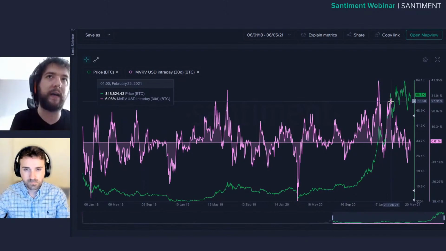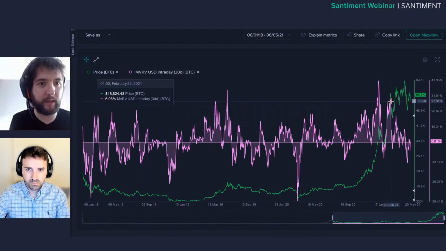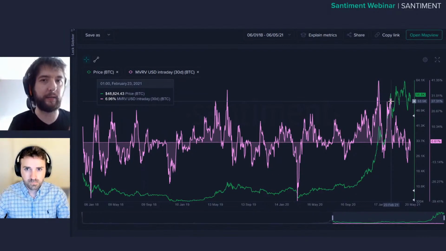Let's say the median value was around 20%. So we took that 20% for this particular coin as the trigger for our real-time signal, so that the next time Bitcoin's 30-day MVRV hits that 20%, based on historical data, we trigger a sell signal.